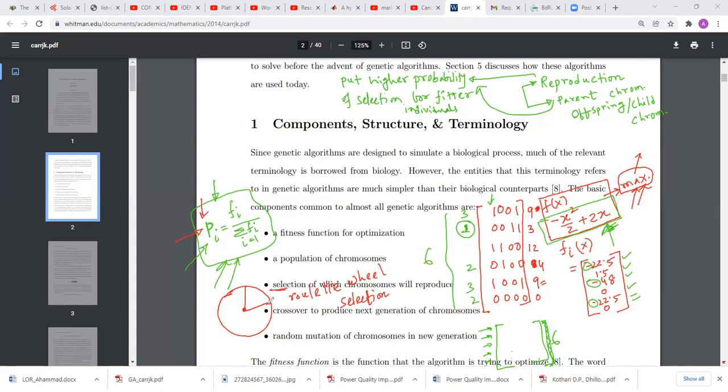So if that is the case, then which one should take up most of the space, even without calculating the probability for the time being? Which one is the fittest? 0011, right? So 3 would take the highest chunk of the portion. Who is the next one? Second rank. Who? 0100 and 0000.